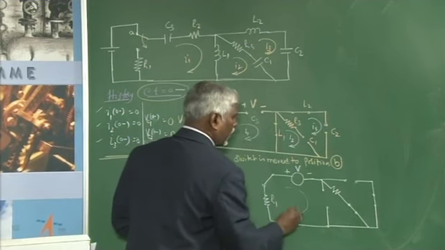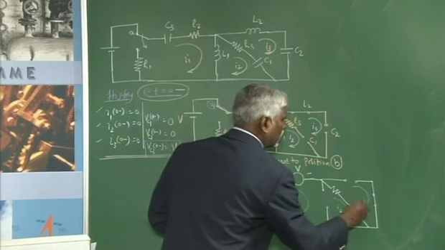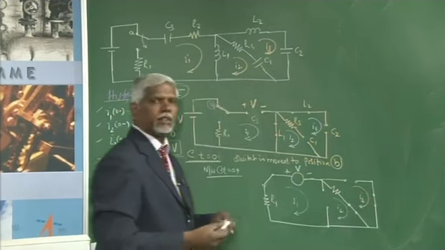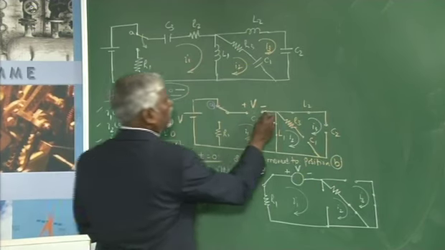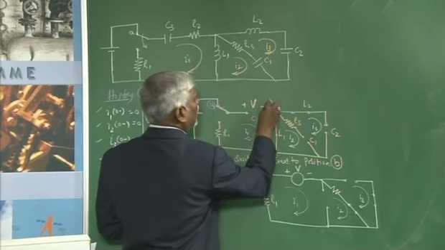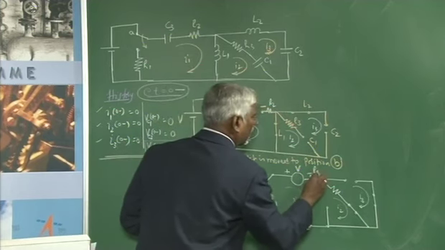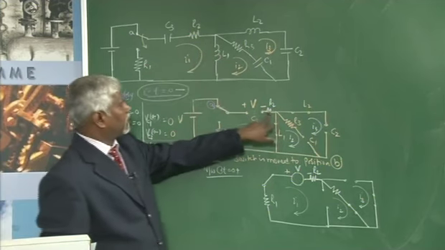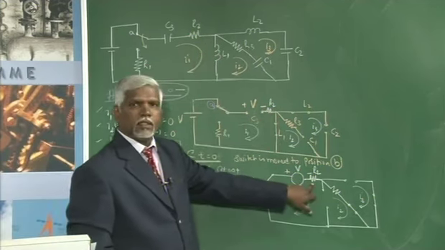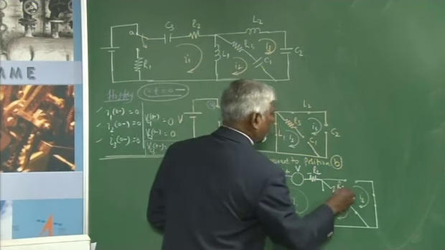This was I1 assumed, this was I2, this was I3. We have a resistor R2 here; this resistor will be R1, R2, and this will be your R3.